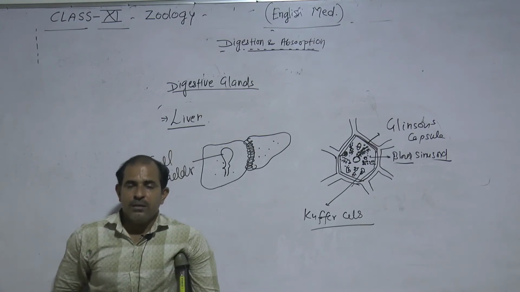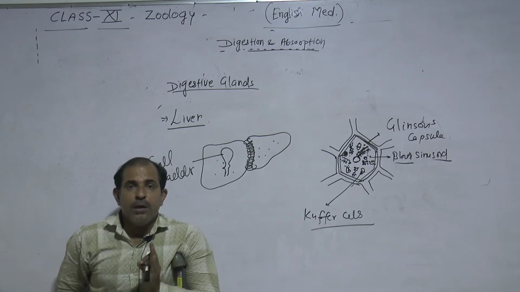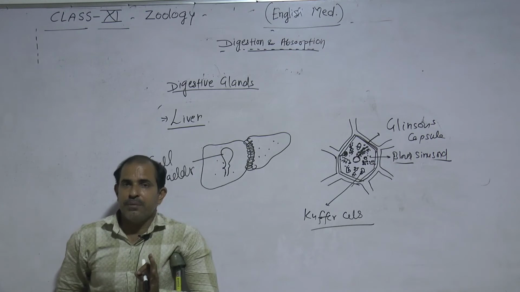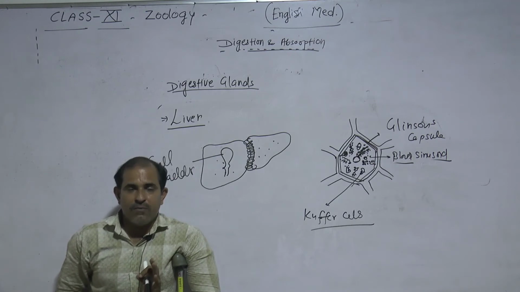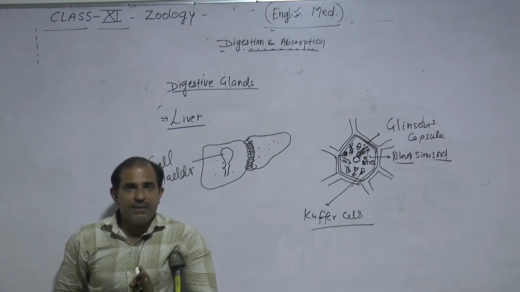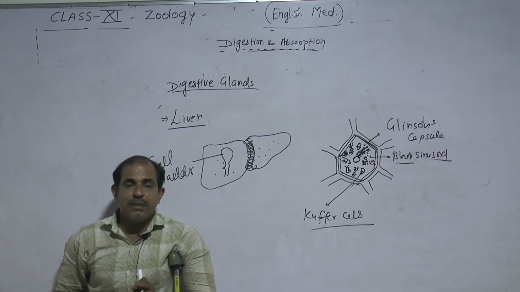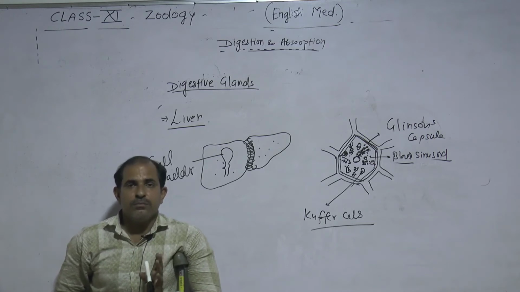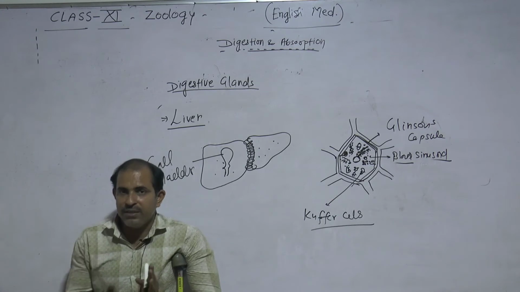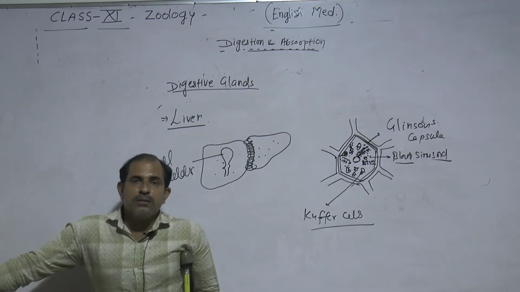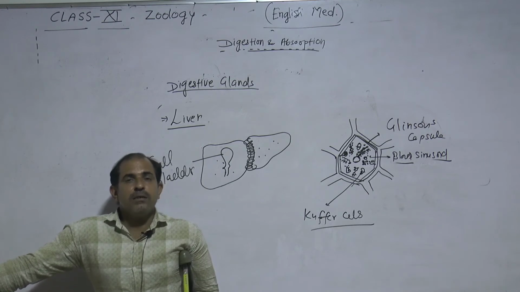And in hepatic lobule, hepatic cords are present, and each hepatic cord consists of rows of hepatocytes, and there are two or three rows of hepatocytes in each cord. And between the hepatic cords, the space called blood sinusoid is filled with blood.